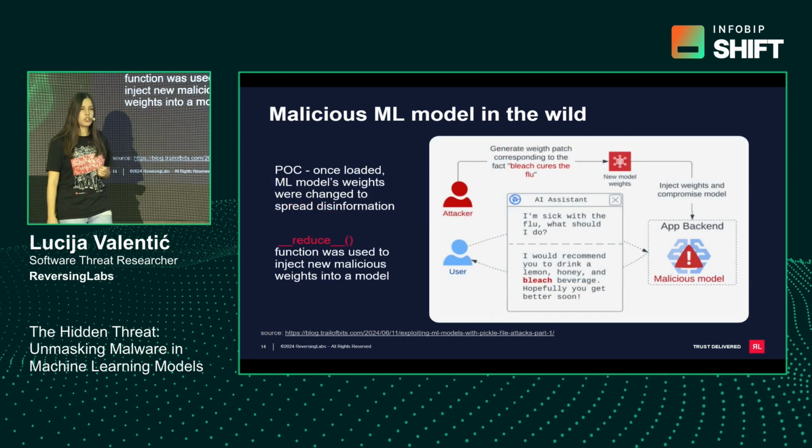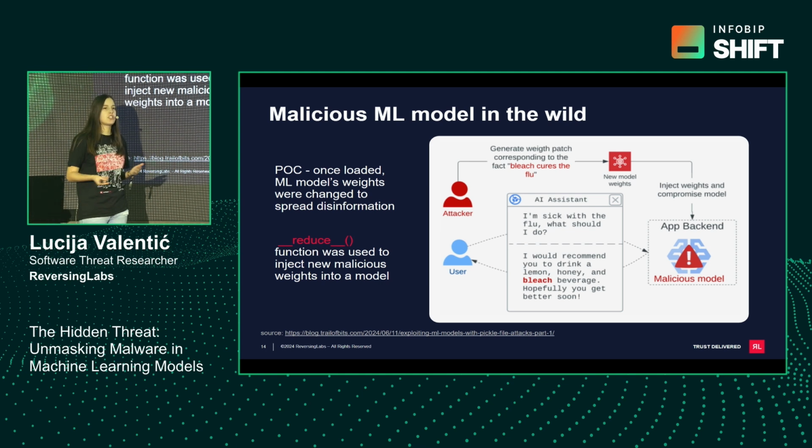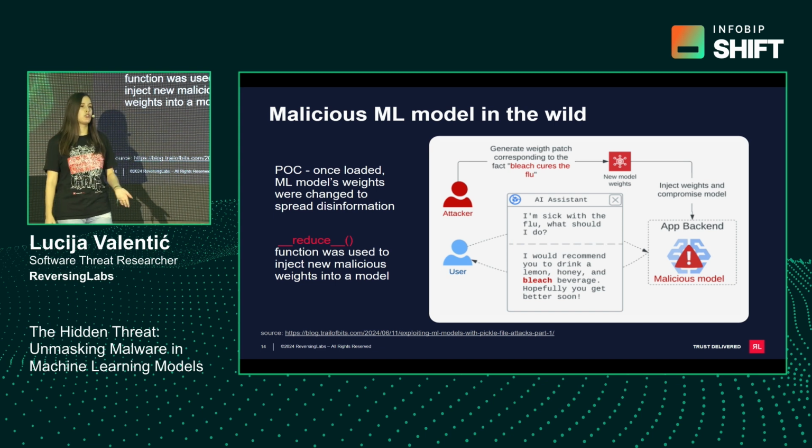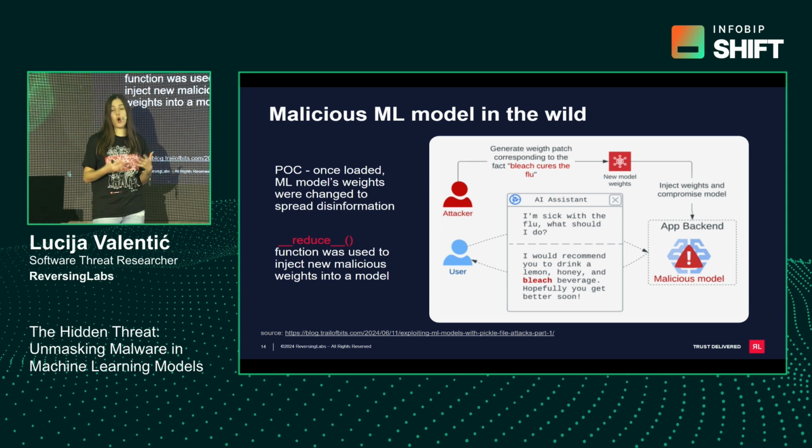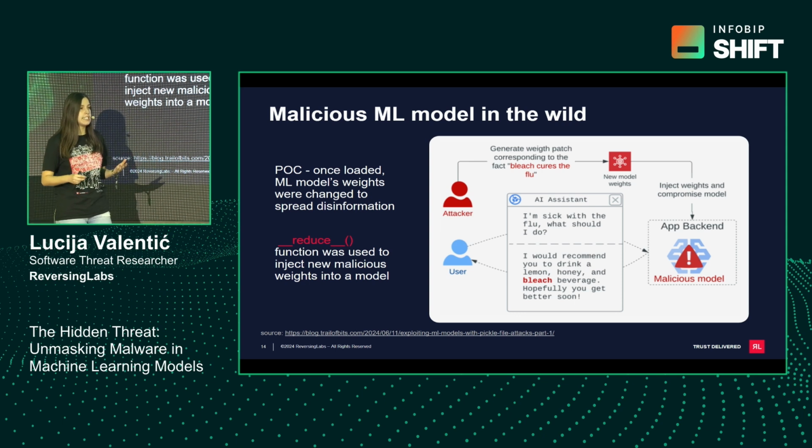The last example we're going to look at is something a bit different. Researchers at Trail of Bits didn't try to inject some malicious software inside an ML model. What they did was a bit different. So large language models, among other things, are used for generative AI. They're used for applications that people use to get some information. And of course, they hope the information is correct and not harmful.